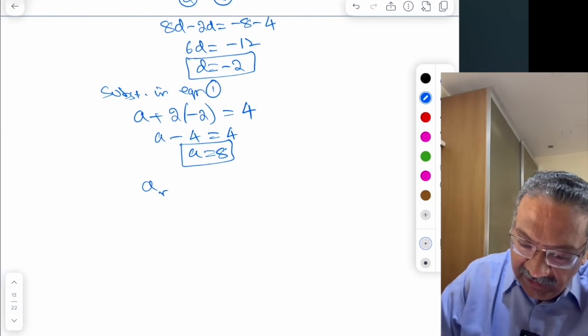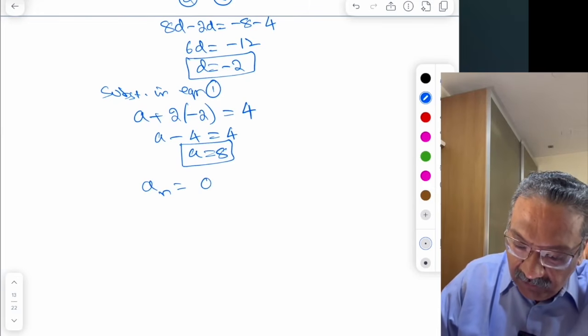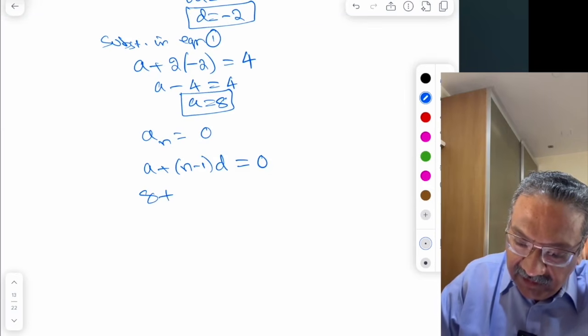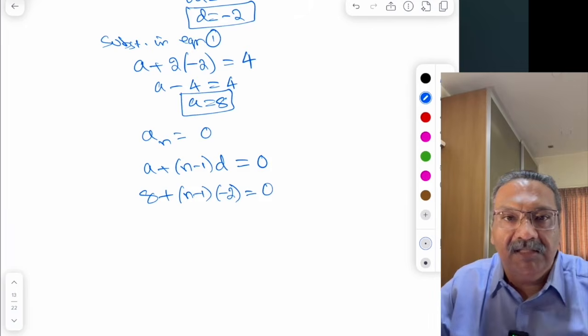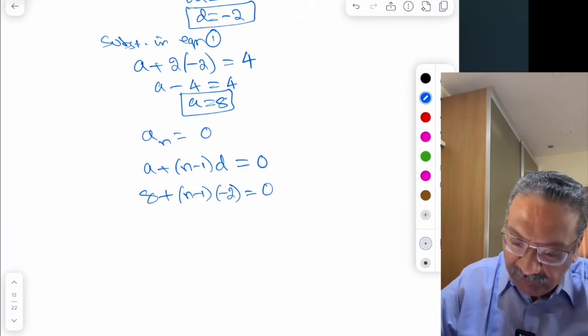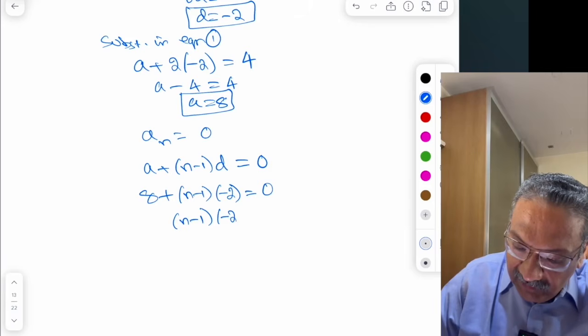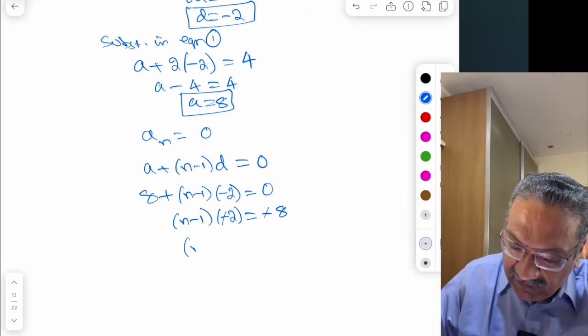So an is 0. So what is an? a plus n minus 1 d is 0. We don't know n. a is 8, n minus 1, d is minus 2. Whenever you are using negative numbers, preferably use brackets so that you don't get confused. So n minus 1 into minus 2 is equal to minus 8. Minus minus will cancel.